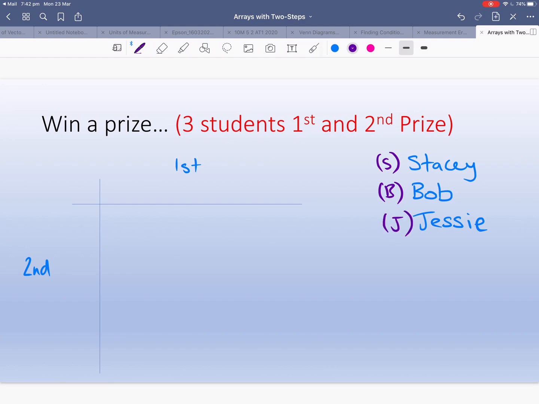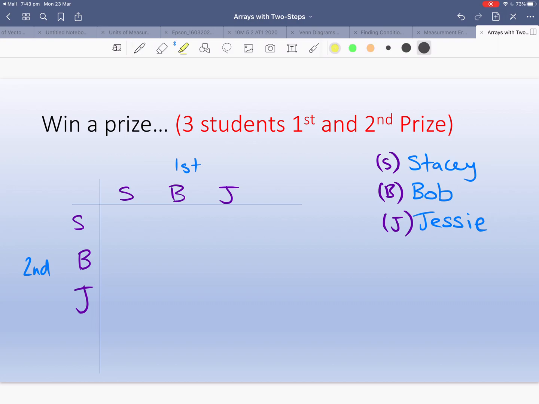Now what I can do is set it up using their names. I can use S, B, J, and then S, B, J. What happens here is that these are the different combinations we can get.